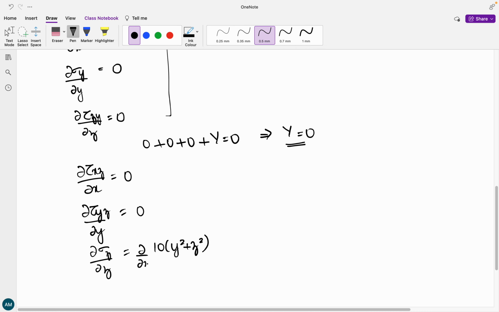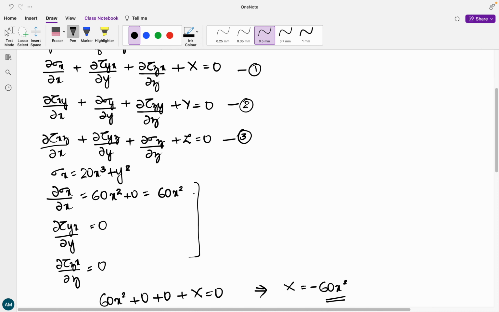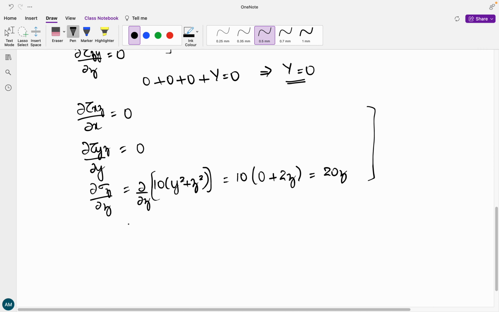Dou by dou z of it, we have 10 into 0 plus 2 times z, or 20z. Let us substitute all of these back into the third equation. So I'll be left with 0 plus 0 plus 20z plus body force component capital Z is 0. Then capital Z is equal to minus 20z.